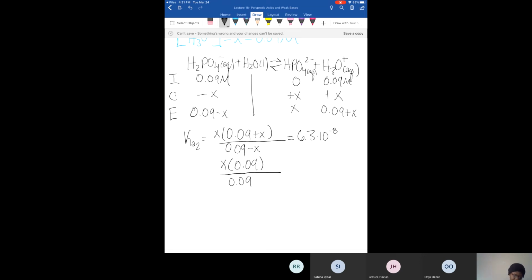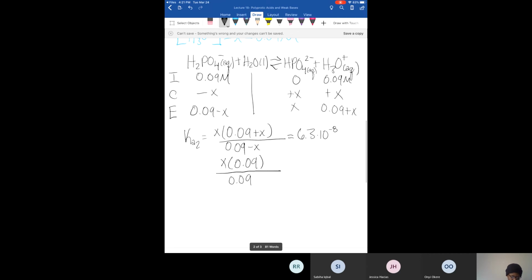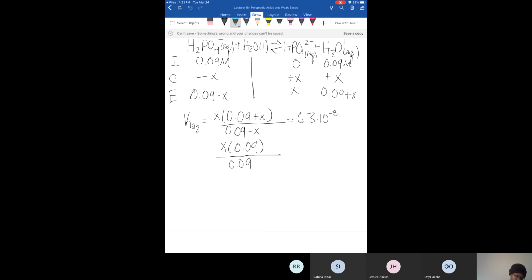Because it doesn't make sense to get rid of plus X but not minus X. Okay, so there's something that's going to happen here. This is going to cancel, because 0.09 divided by 0.09 is 1. So your X is going to be equal to 6.3 times 10 to the negative 8.